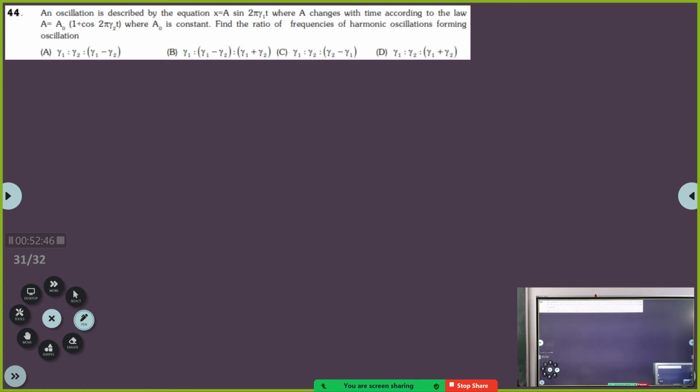I'm sure this one you can do it. Oscillation is given by this equation. It changes with time according to the law. Find the ratio of the frequencies. This is purely physics, but the physics is represented as a mathematical model.